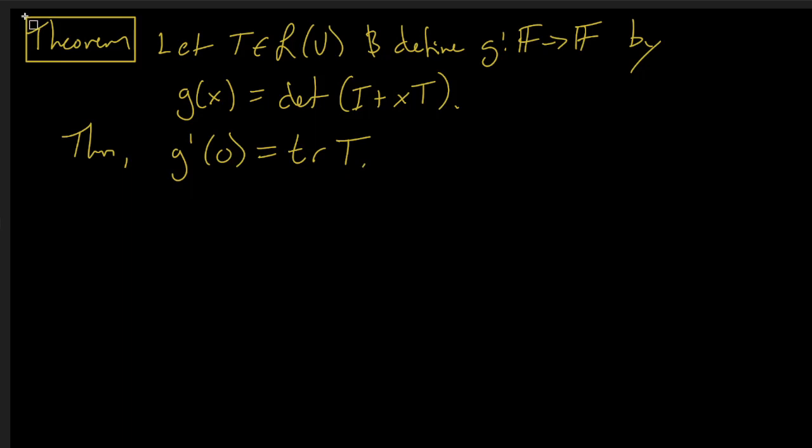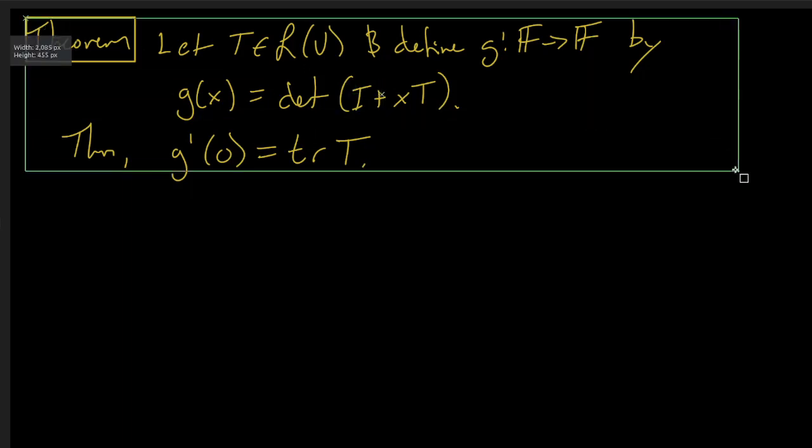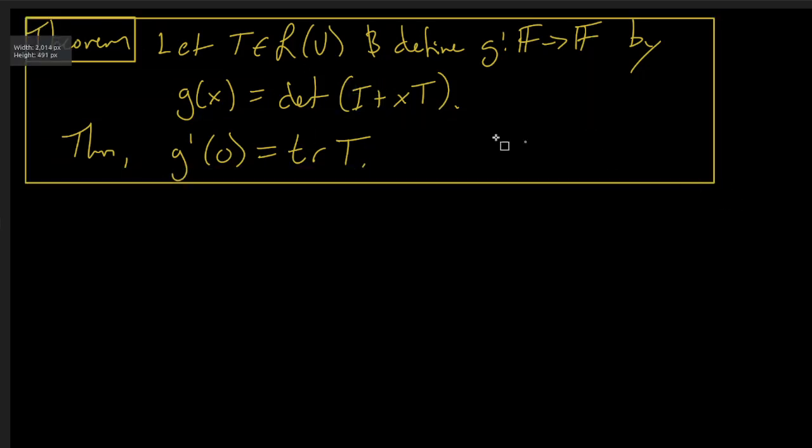So what this is saying is that the trace is the derivative of the function that takes the determinant of the identity perturbed by an x multiple of T. So as you plug in some value, it says, take the identity and shift it in the direction of T by some little bit, where x is the little bit, right?